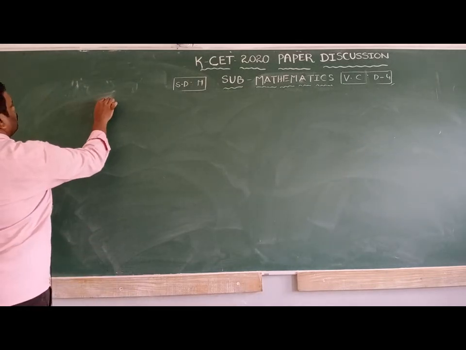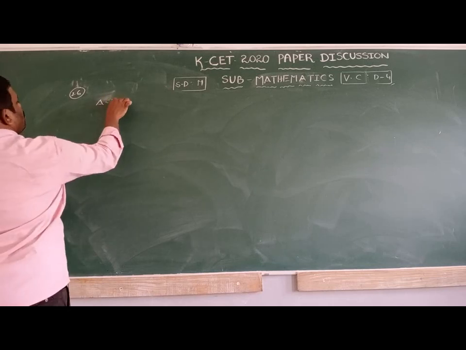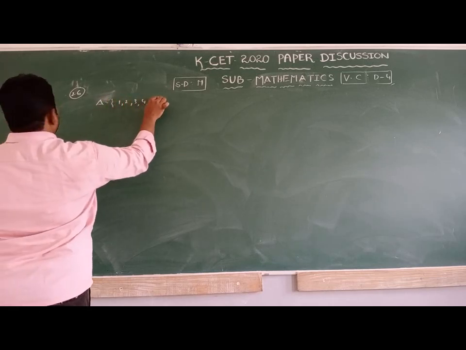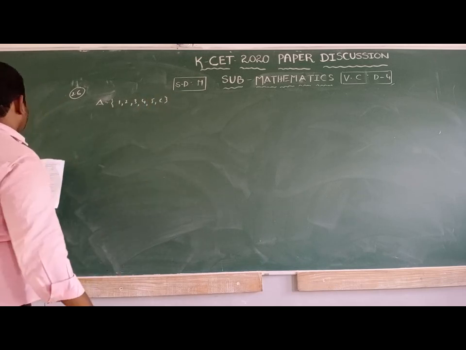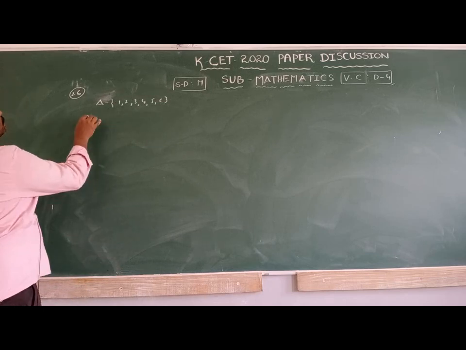A is equal to the set 1, 2, 3, 4, 5, 6. We need the number of subsets which contain at least 2 elements.